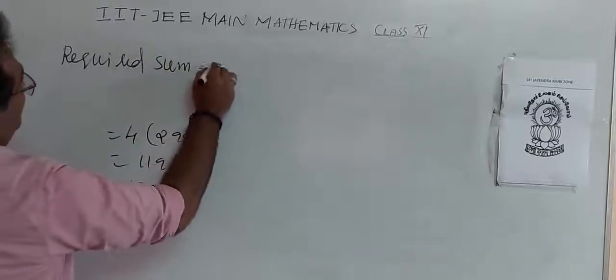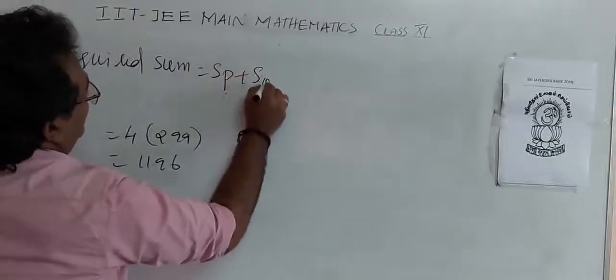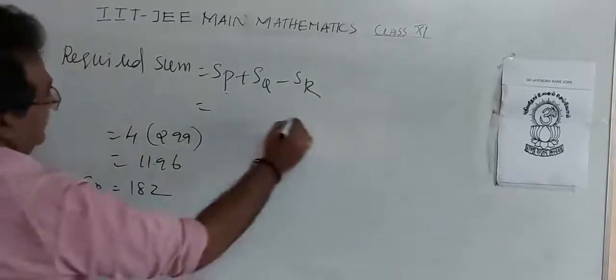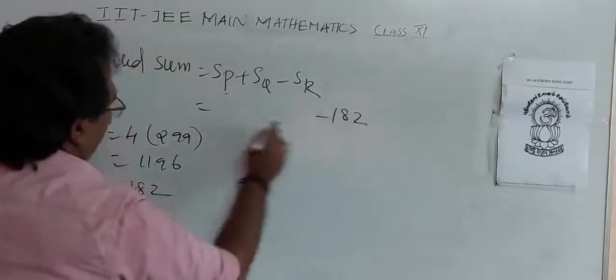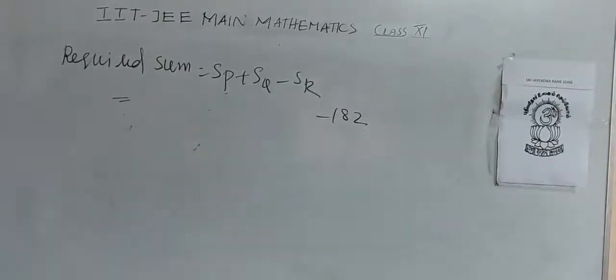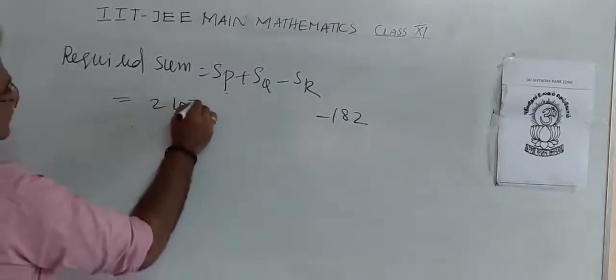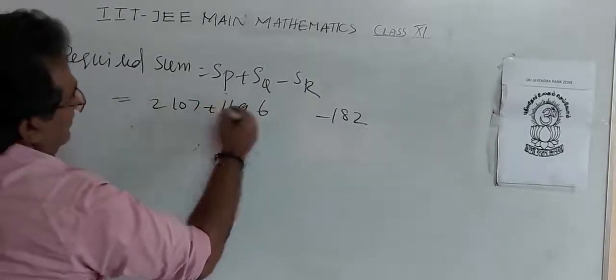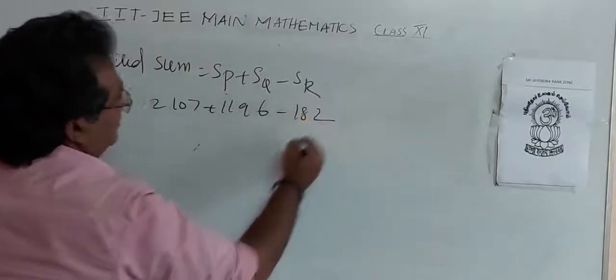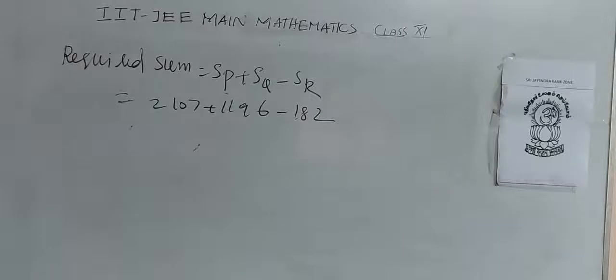I require the sum SP plus SQ minus SR. SR is 182, SP is 2107, SQ is 1196, minus 182.